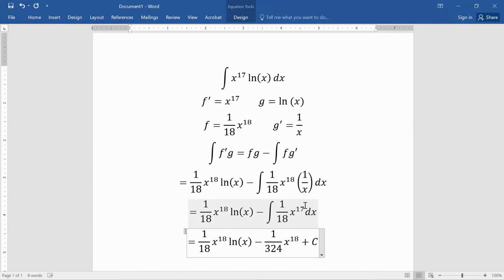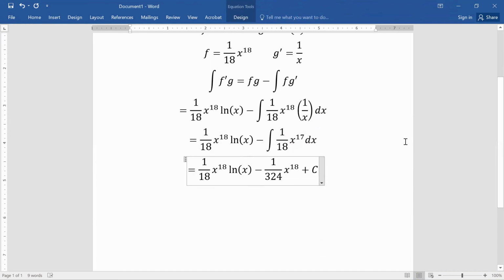We always have to tack on a plus c at the end because the derivative of any constant is 0. This is my final answer. 1/18 x to the 18th times natural log of x minus 1 over 324 times x to the 18th plus the constant.